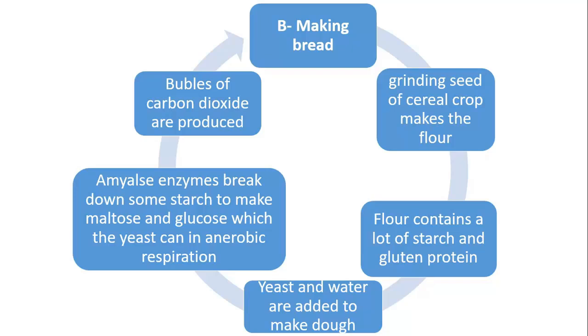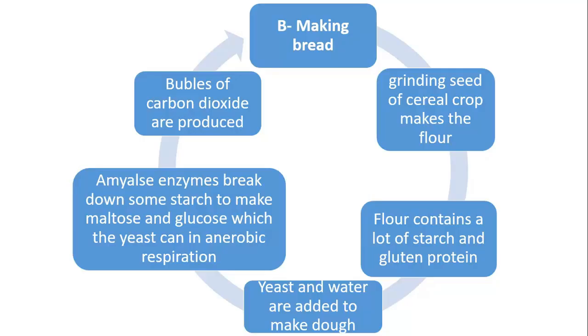Then, this flour contains starch and gluten protein. We add yeast and water to the dough. And amylase enzyme will get released because we already ground the seeds that contain the amylase enzyme naturally. So, some starch, by getting mixed with the amylase, will make maltose and glucose.